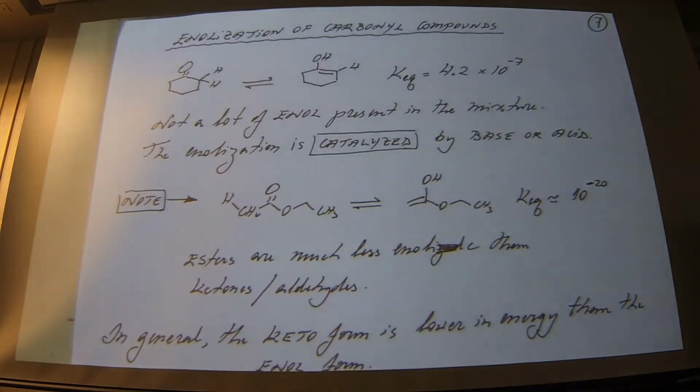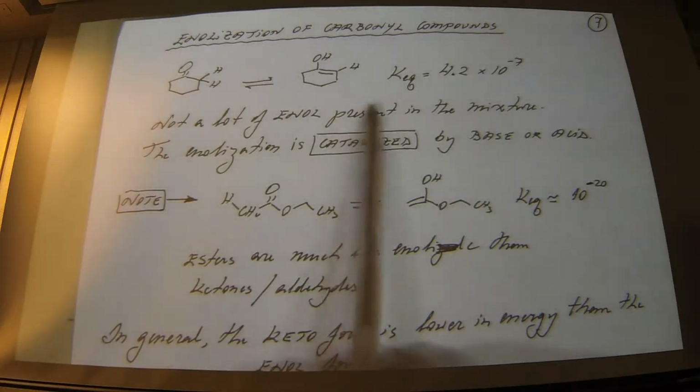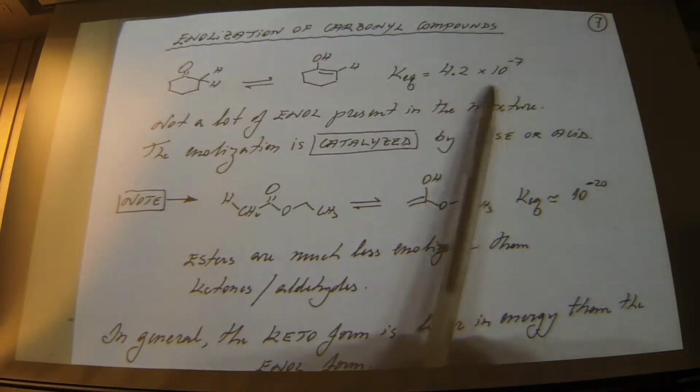Now, the first thing that you find out is that the enol is present in equilibrium with the ketone. We talked about this a little bit way back when we talked about hydration of alkynes. If you take a typical ketone like cyclohexanone, there is some enol at equilibrium. This process, by the way, is catalyzed by the traces of acid or base that are present on the surface of the glassware, and you end up with a very, very small equilibrium constant.